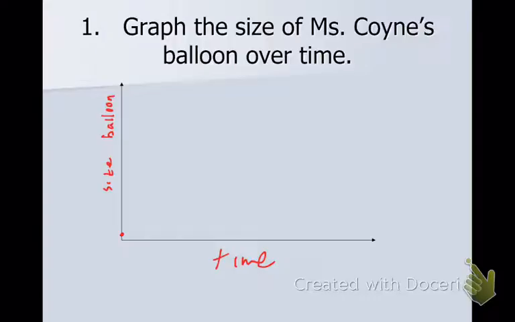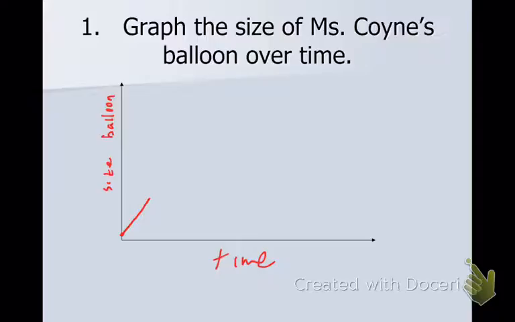So she's going to inhale and then blow air into the balloon. That means the size is going to increase as time is moving. So we show that with a diagonal coming up. Okay? Size is getting bigger.